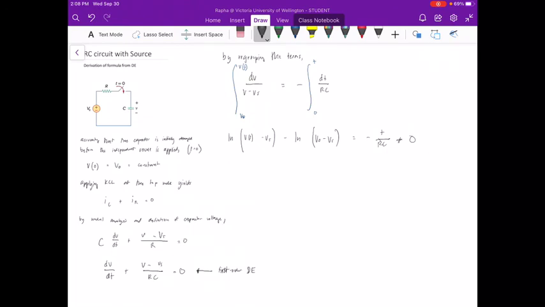Or we can rearrange this a little bit. We have ln of (V(t) minus Vs) over (Vo minus Vs) equal to negative t over RC. So again, we need to eliminate ln.